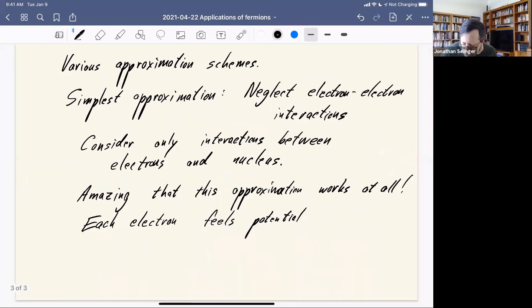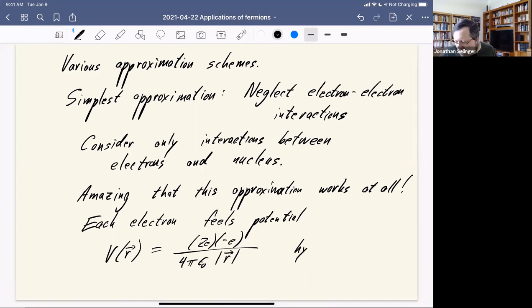So the potential energy V of R is Z e times negative e over 4 pi epsilon naught magnitude of R. This is the hydrogenic atom.